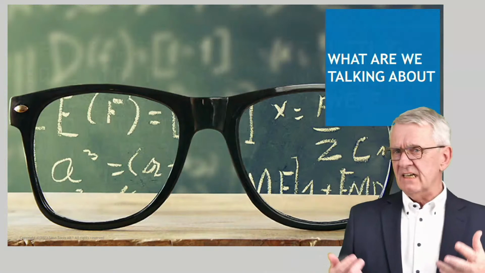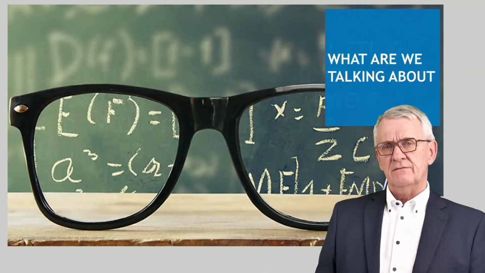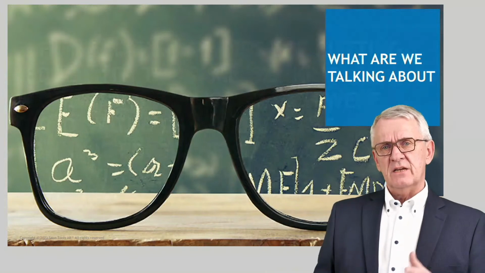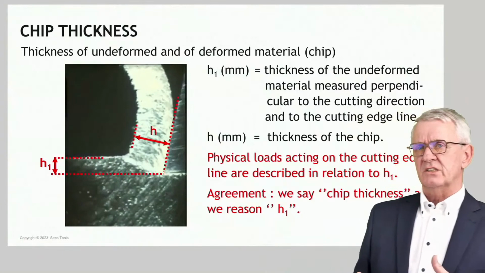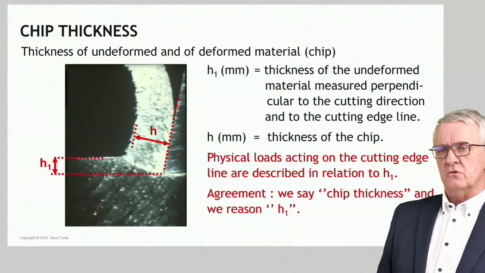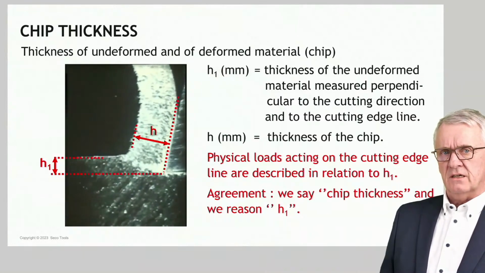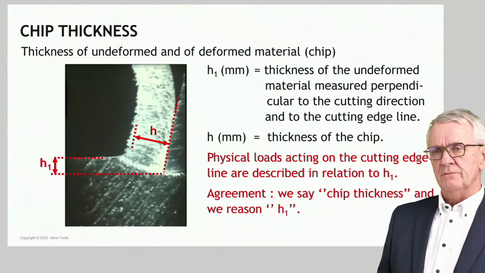And what exactly are we talking about? Here I need to clarify a bit, because it can be confusing, as there are two things here. If we talk about thickness, there is the thickness of the so-called undeformed material. In the video you see here, the symbol used for it is H1.